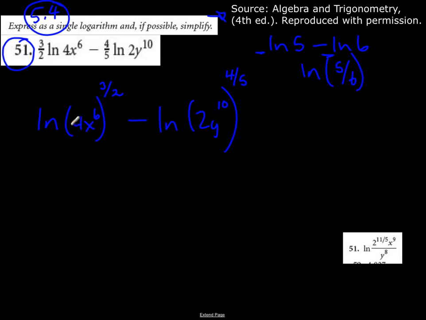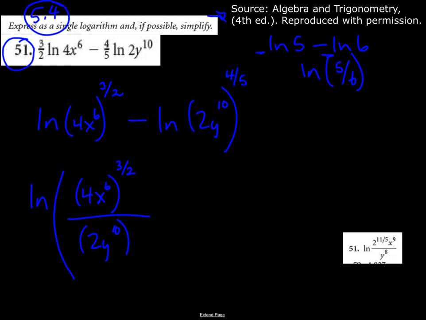Okay, so now that I have ln of something minus ln of something, I can use my quotient rule. So I can say this is the same thing as the ln of, well, that's quite a big thing, 4x to the 6th, all to the 3/2, all over 2y to the 10th, all to the 4/5.